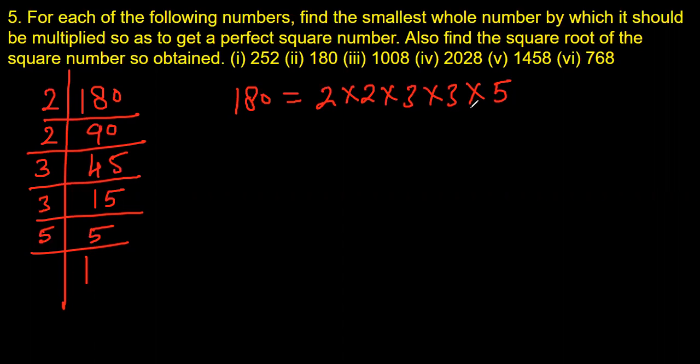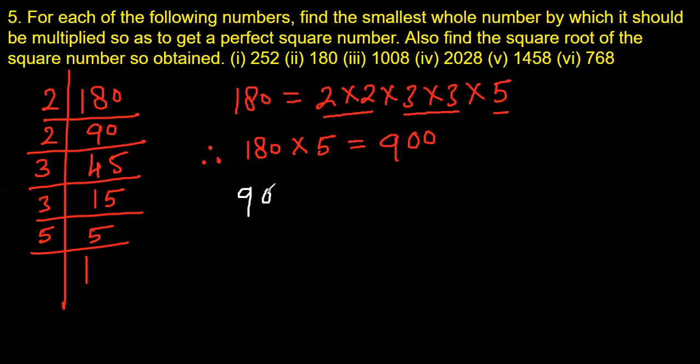To find the number by which it should be multiplied, we can see that we have a pair of prime factor 2, we have a pair of prime factor 3, but 5 is not paired. So we can write, therefore, 180 should be multiplied by 5, and we get 900. And then they're asking the second part, find the square root of the number so obtained.